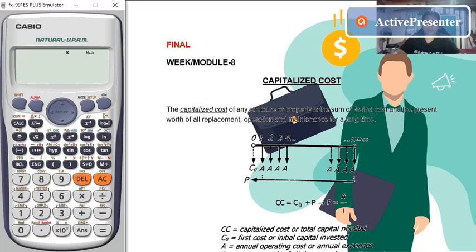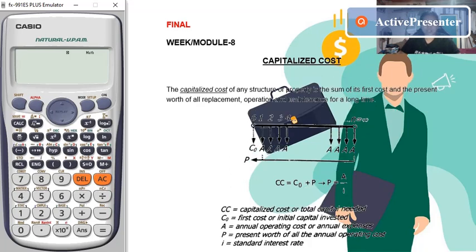So this capitalized cost of a structure is the sum of our first cost and the present worth. So we have here our cash flow.